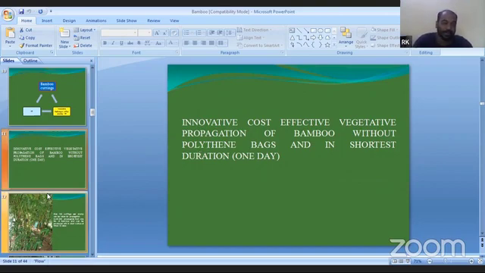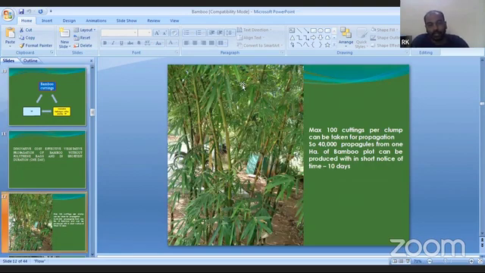Let's see. Suppose you are doing this, first the mother plant. This is very important. Where do you find a mother plant? Search your local area for which variety farmers are planting. All the state-wise details are available in the National Bamboo Mission.